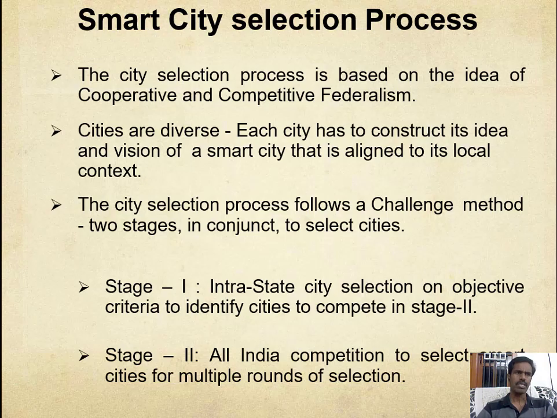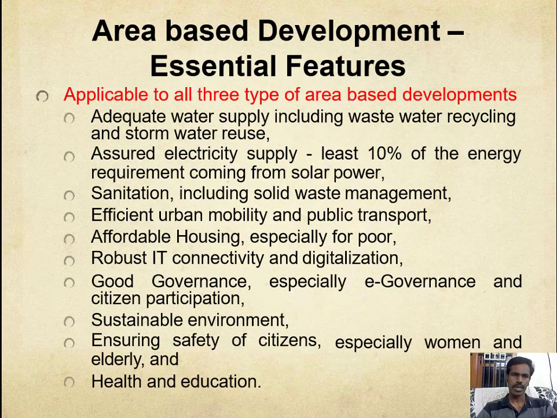We have to identify the city based on the requirements, based on the availability of infrastructure in the city. We have to choose the smart city. I have already told about all those essential features of a smart city. Once again, one important point I want to make here: we have to insist that citizens provide 10% of the power through renewable energy.